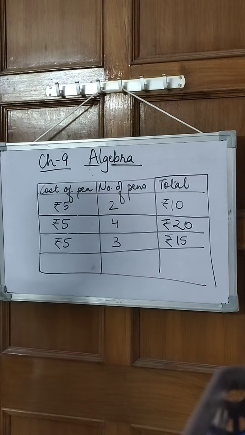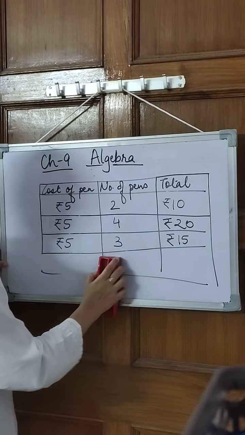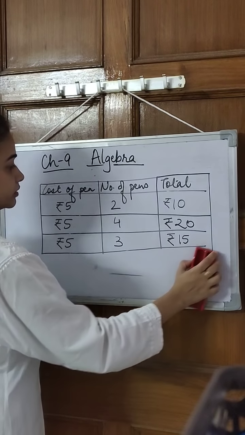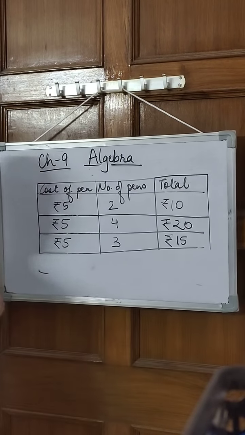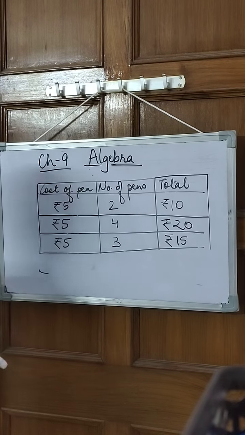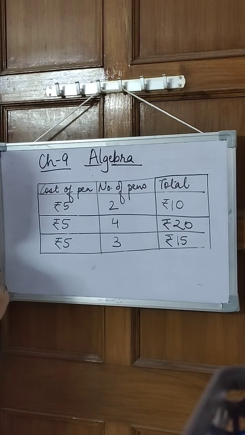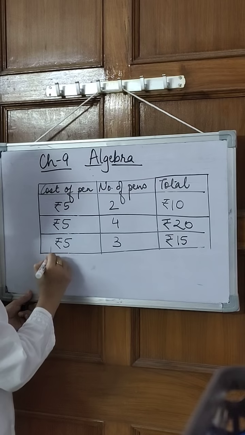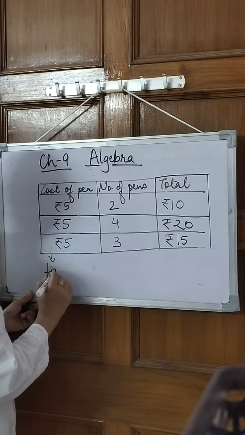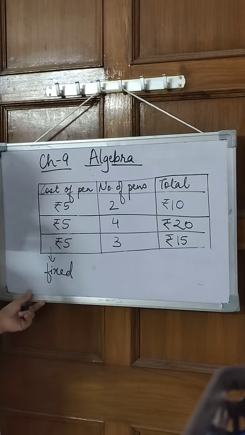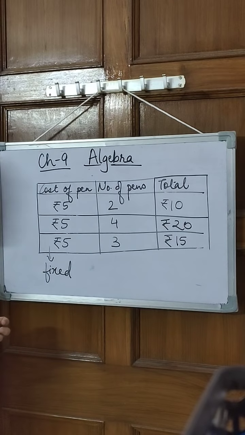So what we can see in this table is that a value is there that is fixed. The value that is fixed here is the cost of the pen. This value is fixed, isn't it?